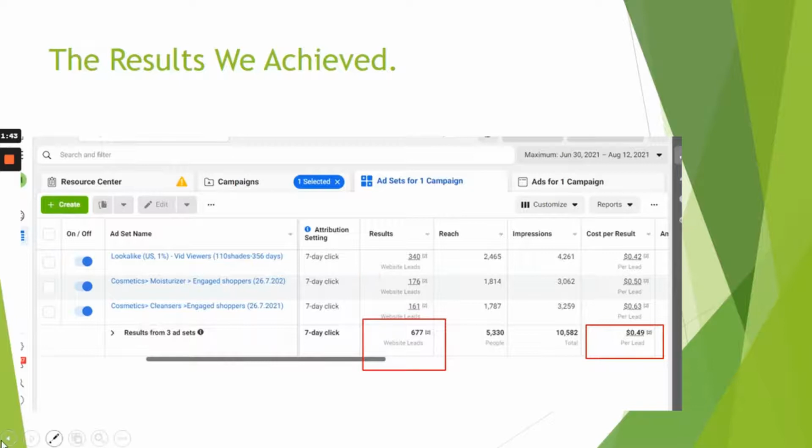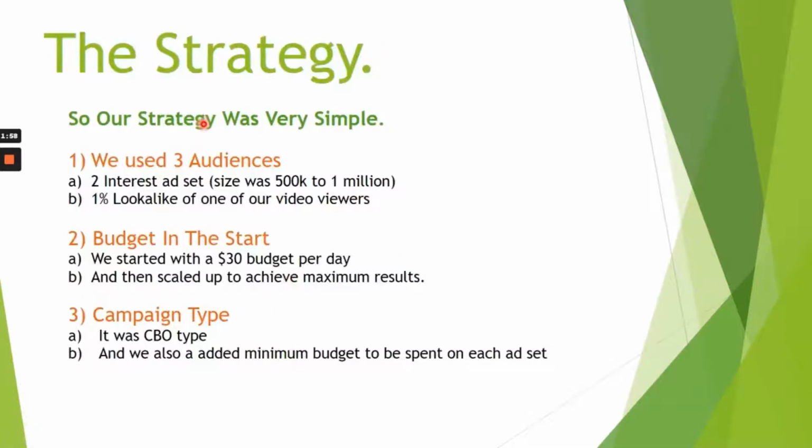So now let's go to the actual strategy that we implemented to generate this massive number of leads at an incredibly low cost. This strategy is not too difficult or complex, but it's a simple strategy that everyone can follow.